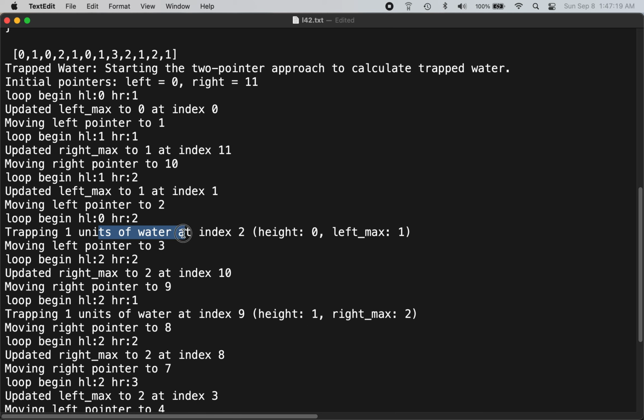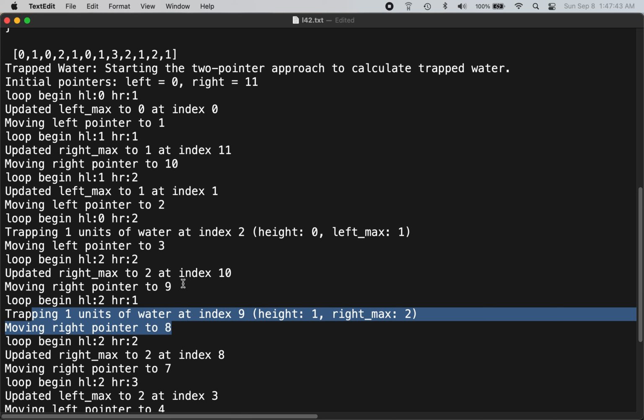Now height left is 0 and height right is 2, so you move to the left. When you move to the left, the current height is 0, but the left max is 1, so you trap 1 unit of water. Similarly, when it drops from 2 to 1, that's when you trap another unit of water at index 9.